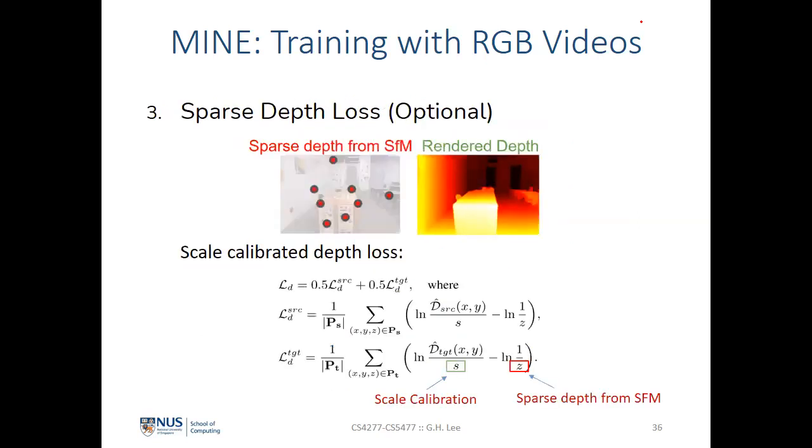Also, we first perform structure from motion of the scene, and then we supervise the depth based on the sparse depth that we get from structure from motion. We also take the scale from the structure from motion to fix it at a certain unit scale, and then we normalize the depth with the scale calibration. So this would be the scale calibrated loss.